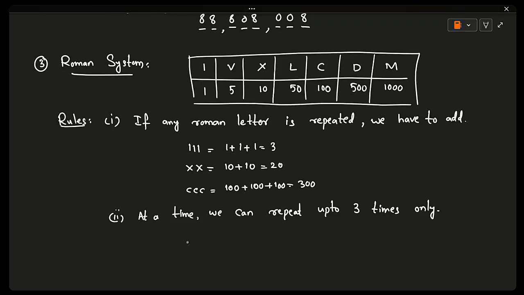Suppose I want to write 4. I cannot write IIII. This is wrong. Suppose I want to write 40. I cannot write XXXX. This is wrong. I want to write 400. I cannot write CCCC. This is wrong. Why? Because the rule says any letter you can repeat together maximum 3 times only. More than 3 times you should not repeat. That is a rule.